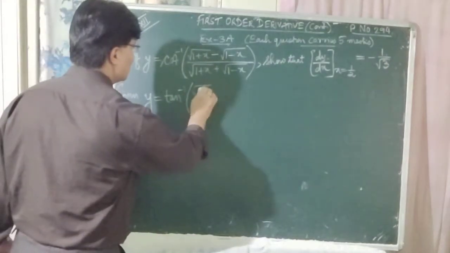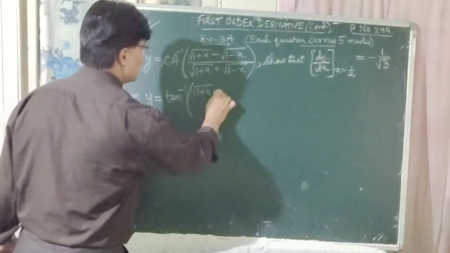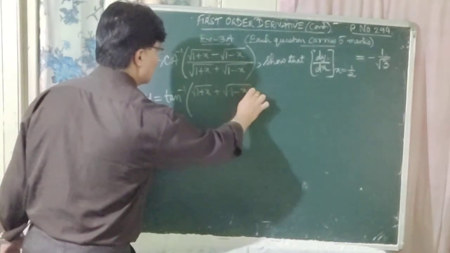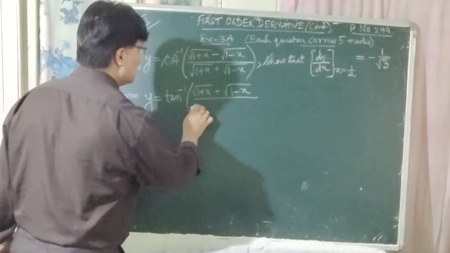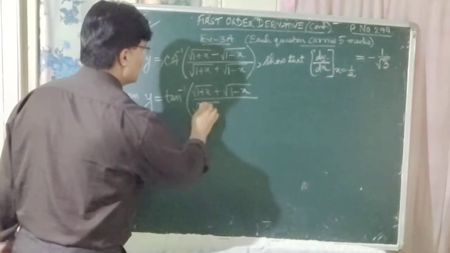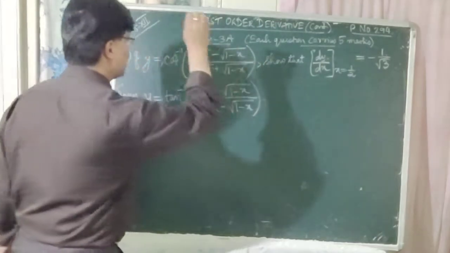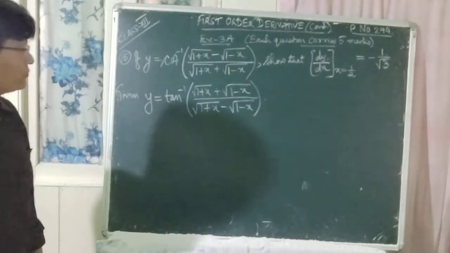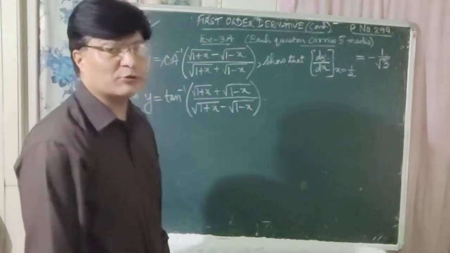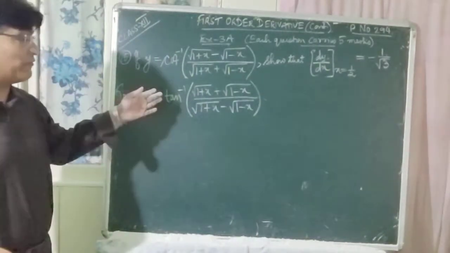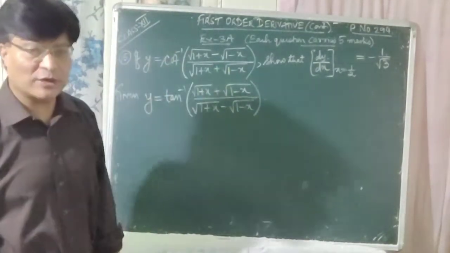That is root over 1 plus x plus root over 1 minus x divided by root over 1 plus x minus root over 1 minus x. Is that clear?